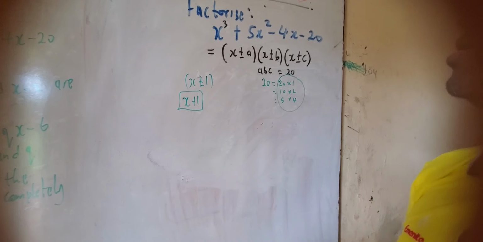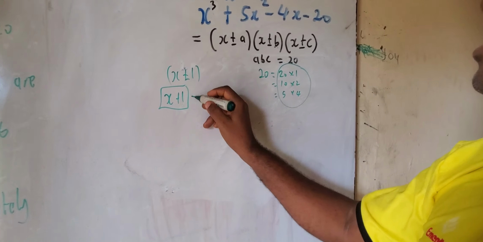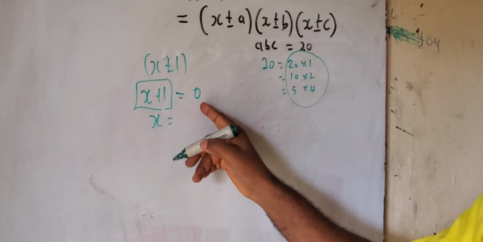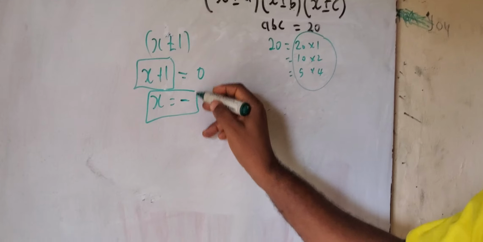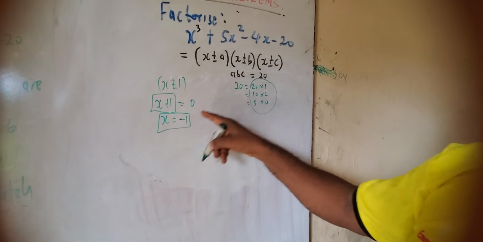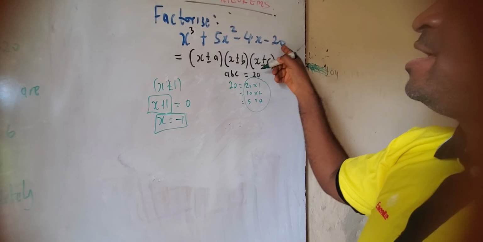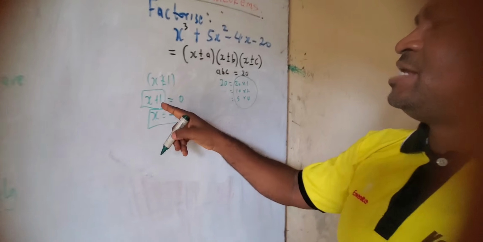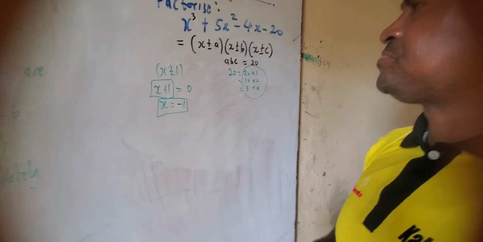According to the factor theorem, we set this equal to 0, so we are going to test when x is minus 1 in this polynomial. If after I substitute this minus 1 here, my remainder gives me 0, that means x plus 1 will be a factor.